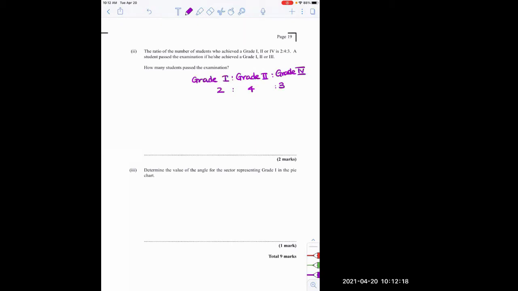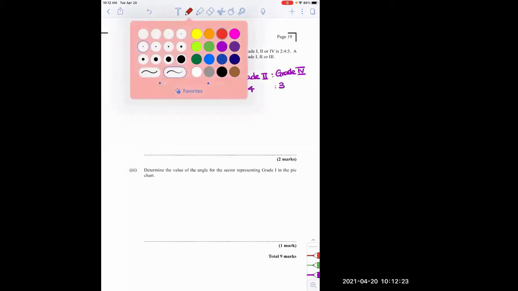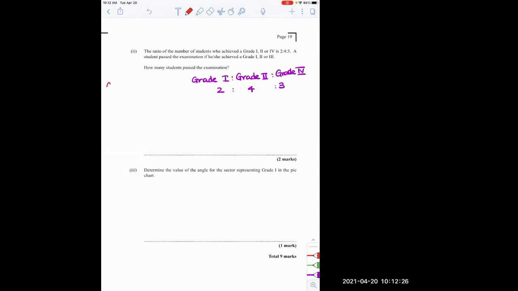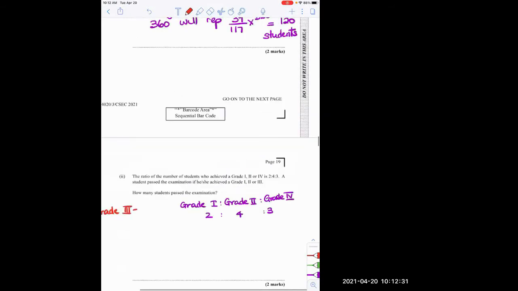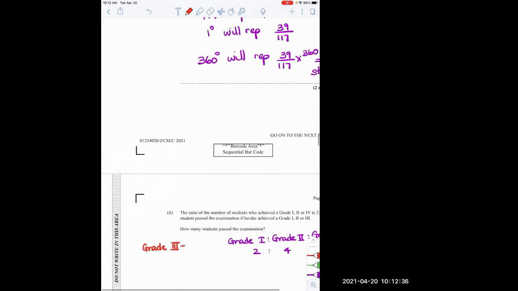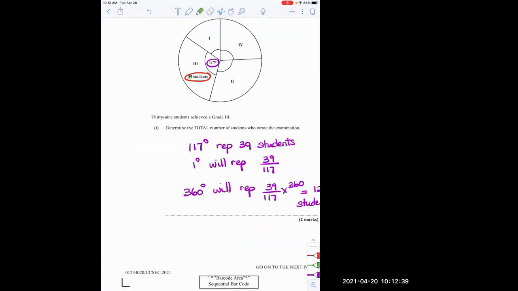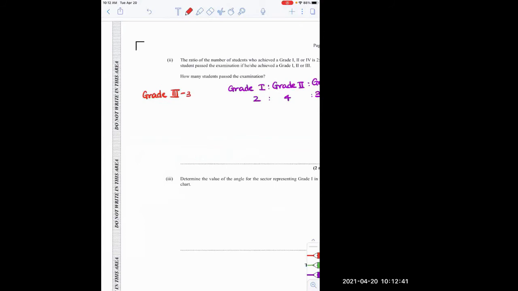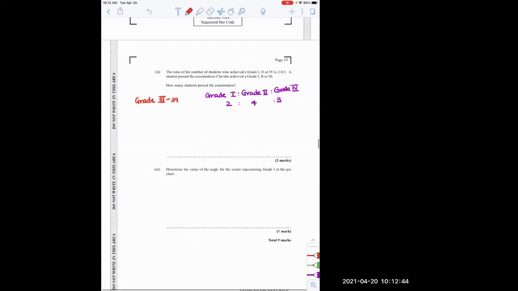To pass, you must get grade 1, 2, or 3. Do we know how many students received grade 3? Yes, Miss, 39. And how many students do we have in total? 120. So this amount must be equal to 120 minus 39, which is 81.